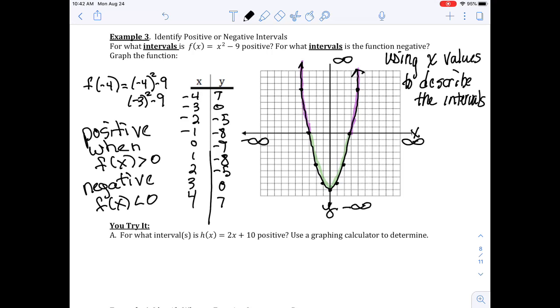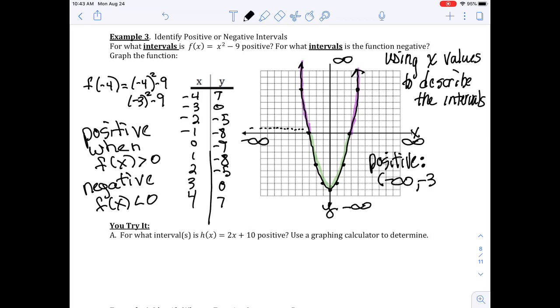So we begin with the left part of the coordinate plane, and we track our eyes from left to right, and we describe all of the x's. So for positive, it would be from negative infinity. So from negative infinity, so follow my pen there, right?